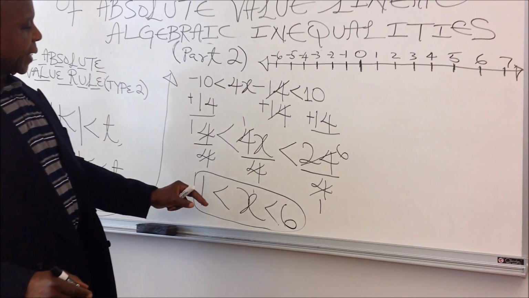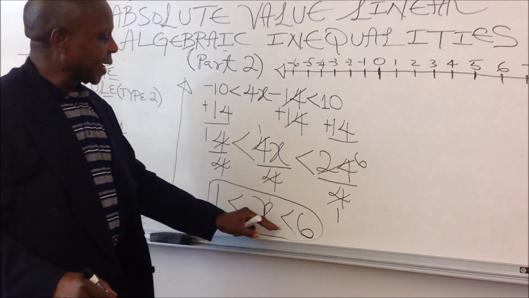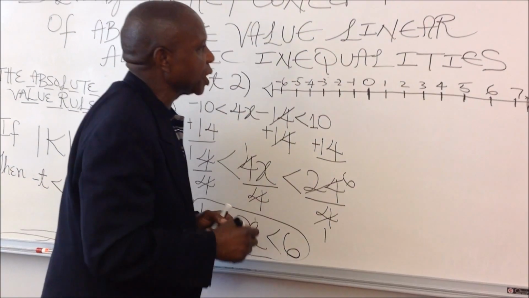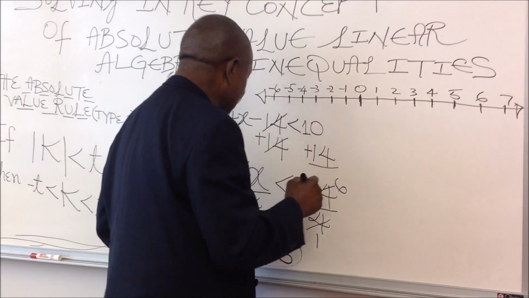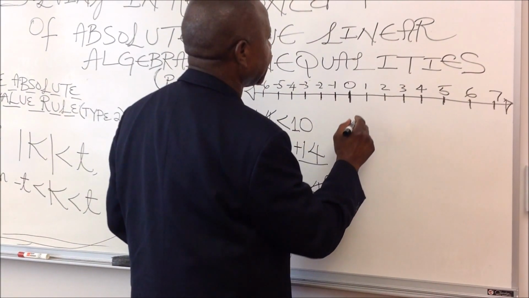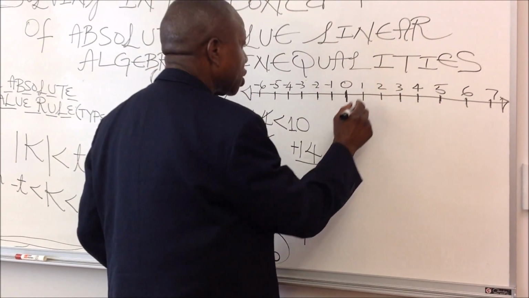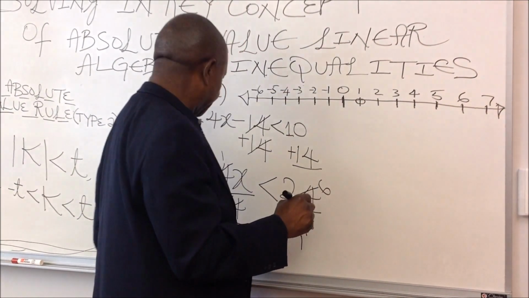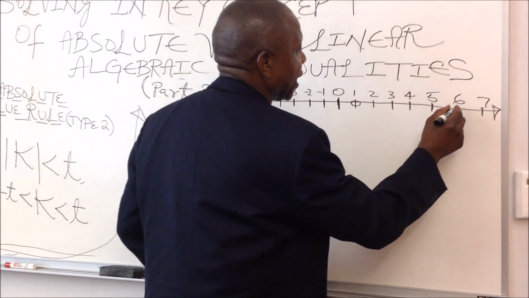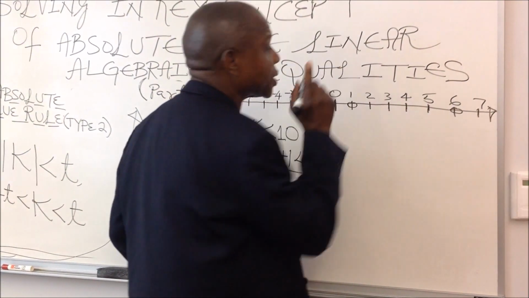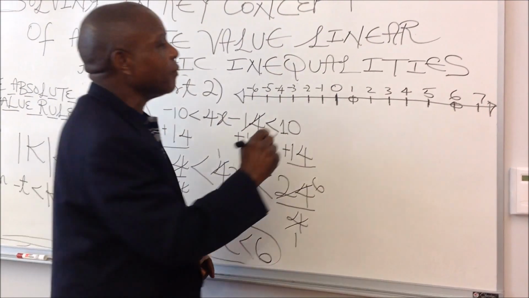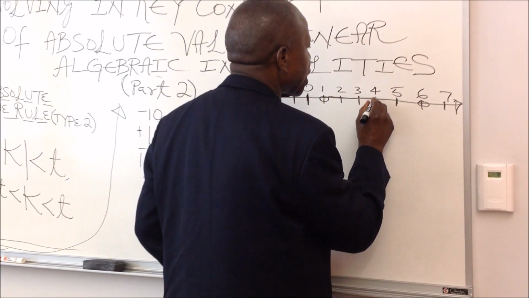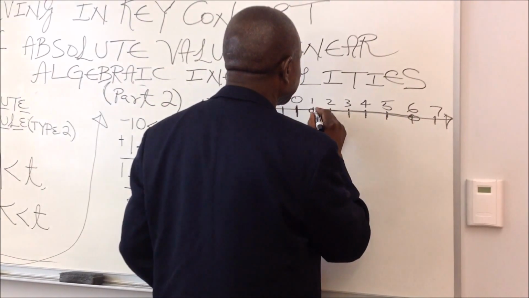So notice our goal, of course, is to graph this solution of the absolute value inequality. And we note that all numbers between 1 and 6 are considered the solution to this inequality. So let us locate these numbers on this real number line. First of all, take the number 1 and notice that 1 is not the solution. And take the number 6 and notice that 6 is not the solution. But every number between 1 and 6 is considered a solution.